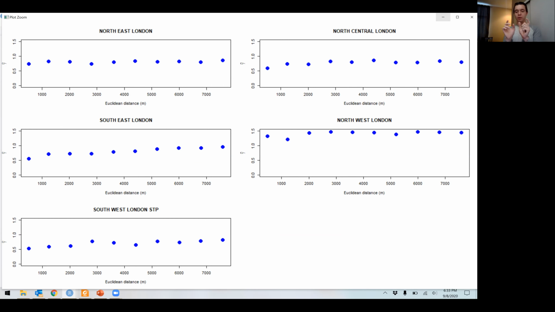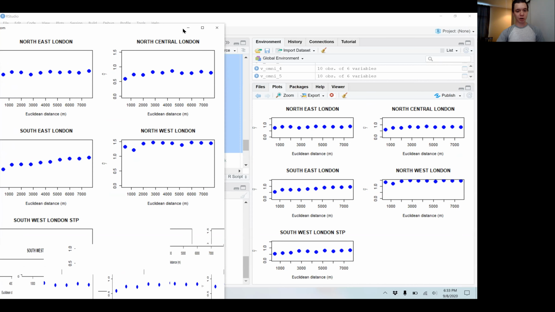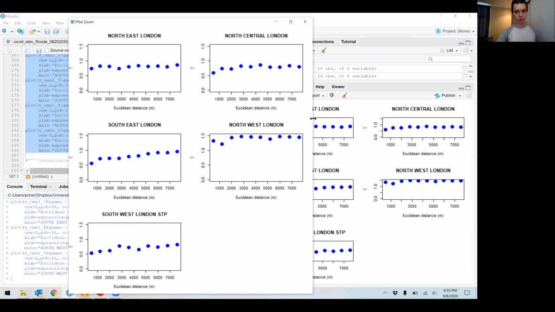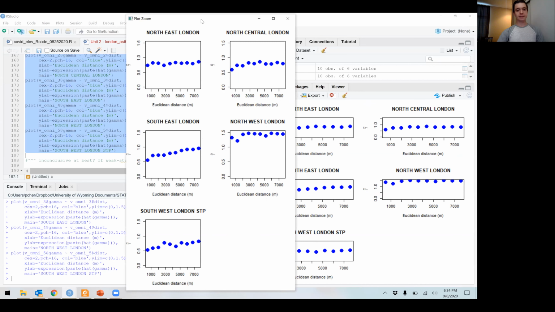In general, when you have multiple panels in a figure, it's better to make them relatively narrow and tall to see the patterns better in the data. So let me do that. Let me try and make these panels narrow and tall a little bit more. You get to watch me struggle with it today. And all right, there we are.